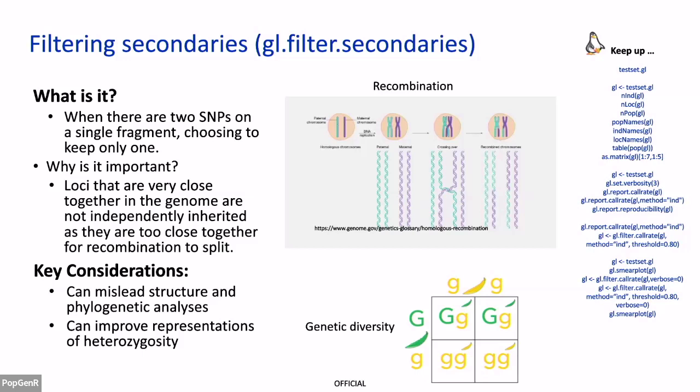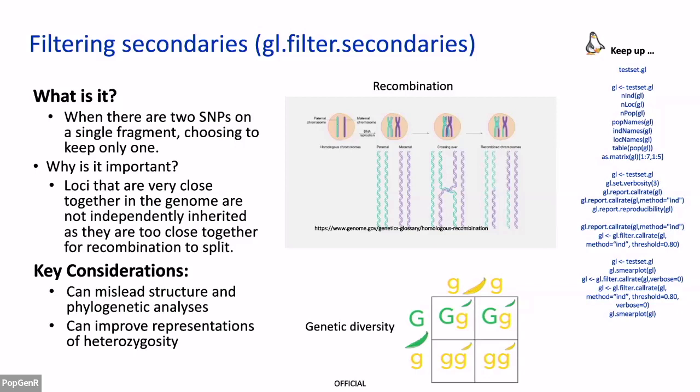So recombination is when you have the crossing over in meiosis that splits apart genes that are alleles on the same chromosome, okay? So you're getting this mixing. And when we do things like structure-type analysis to look at population structure, when we do phylogenetics, we presume that all of our different loci are independently inherited. And therefore, if you have a whole lot of secondaries, they're going to tell the exact same story.